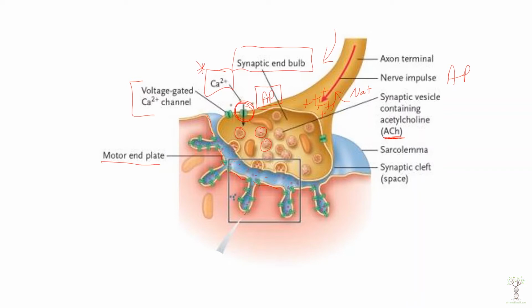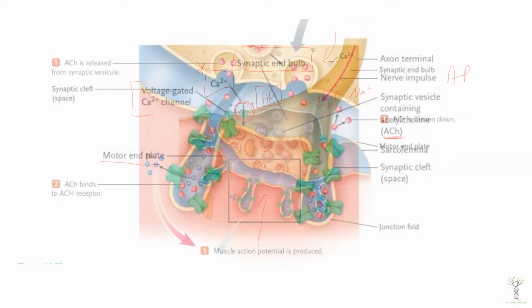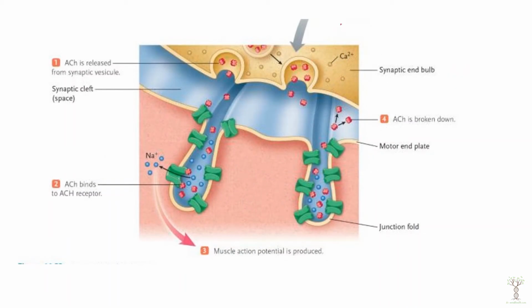Now let's focus in more specifically on what is happening on this membrane. The action potential in the motor neuron causes calcium to move in, and this causes neurotransmitters to move out. They move out through a process called exocytosis, and they're going to go into this synaptic cleft.